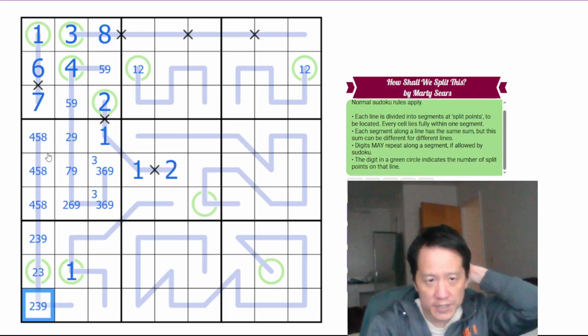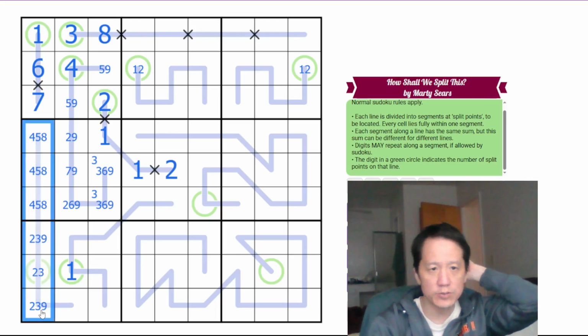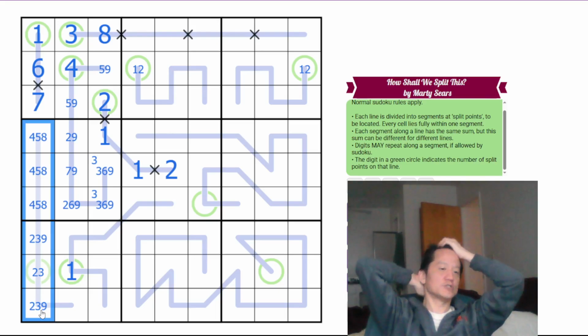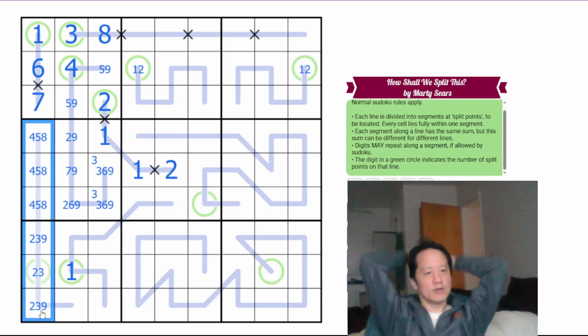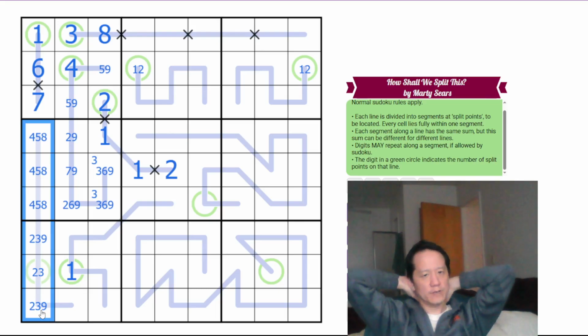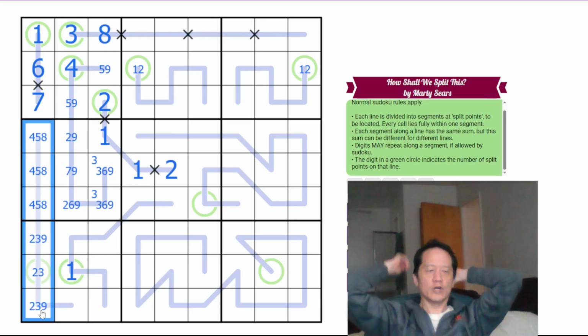What do the remaining digits in column 1 add up to? It's 45 minus 1 minus 6 minus 7, which is 31, I believe, right? Yeah, 31. What can you add to it?